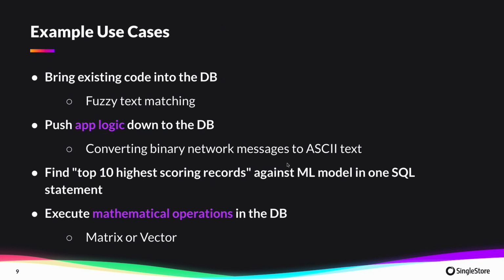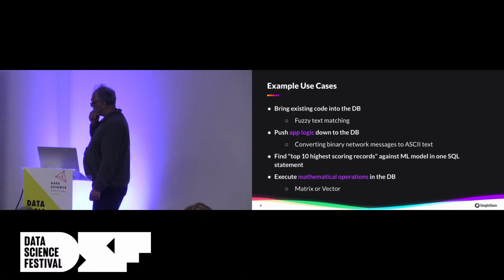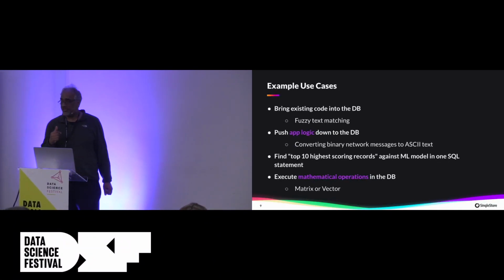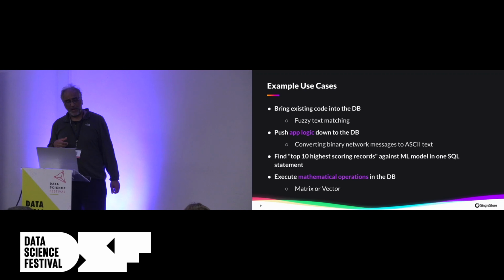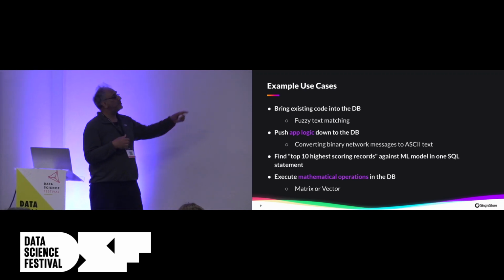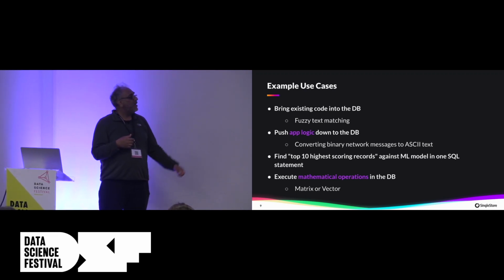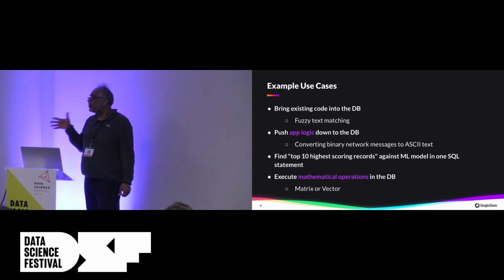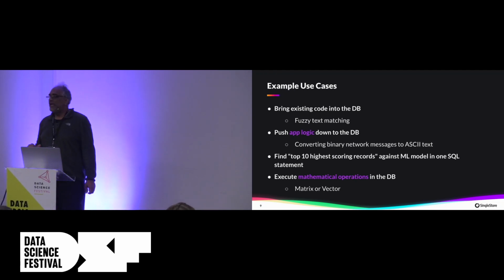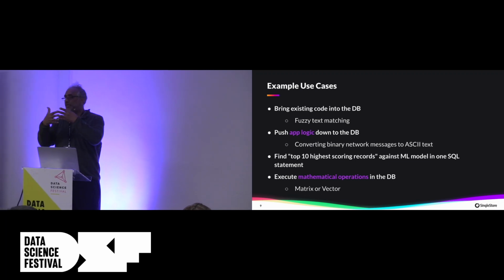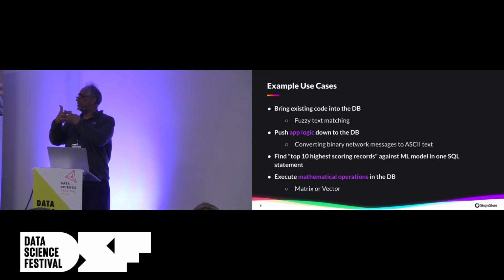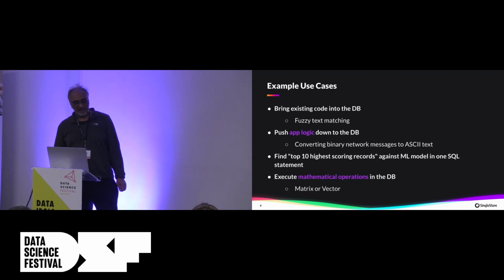Okay, so if we were interested in taking some of this code that we previously had executing outside of the database system, what are the sorts of things we could do? Well, fuzzy text matching, for example. Pushing the actual application logic down into the database system. This concept of co-locating the data and the code that executes on the data. There's no need to have them running in separate environments. Neither do you have separate processes, if you like, to be able to do that.